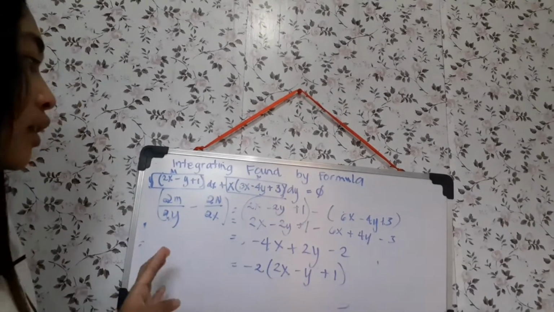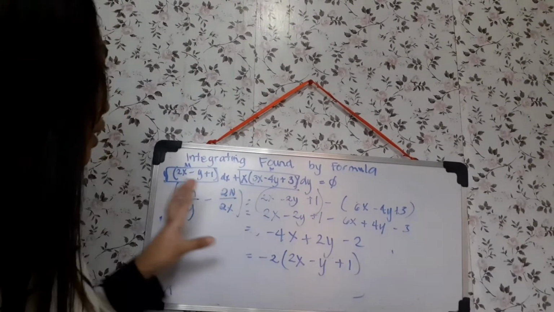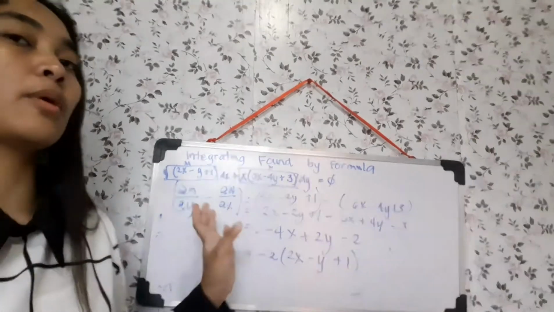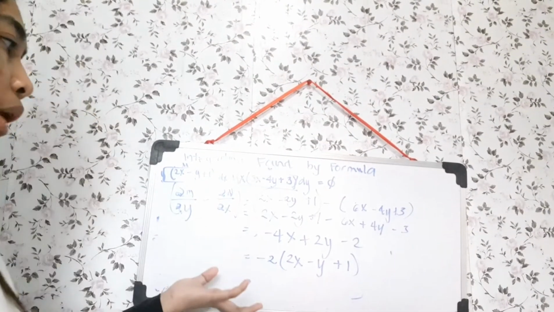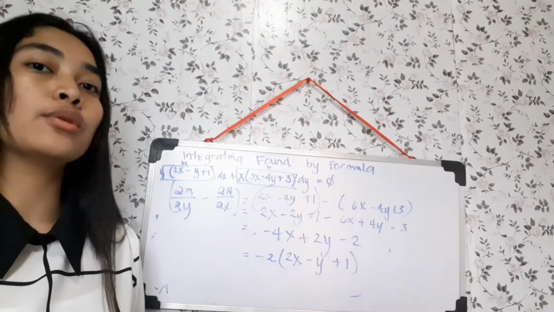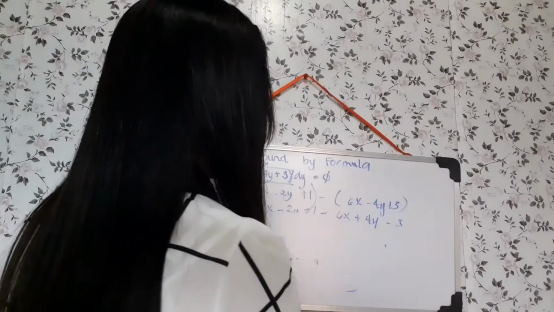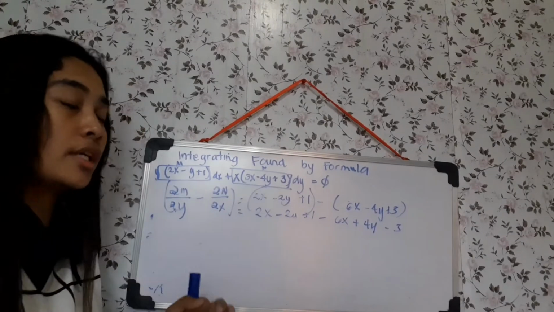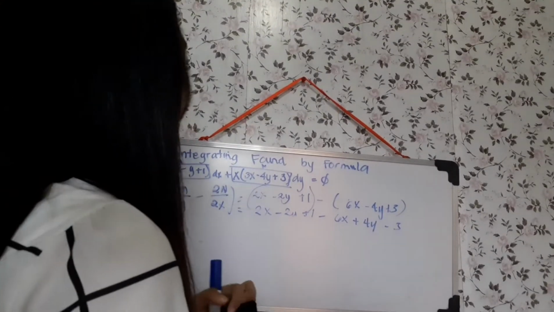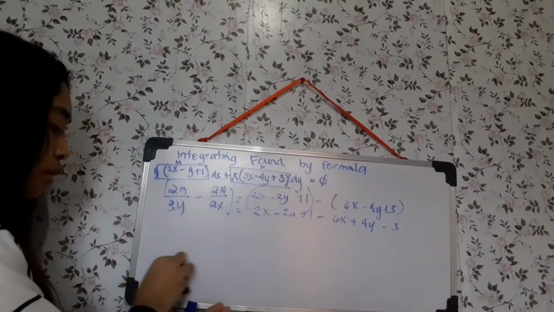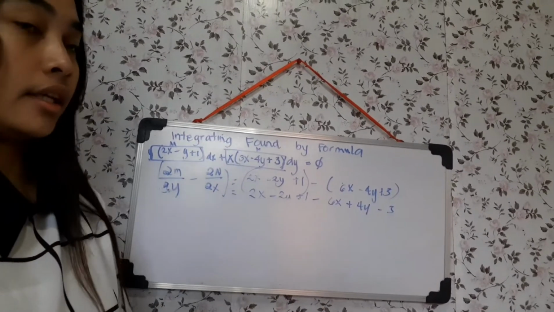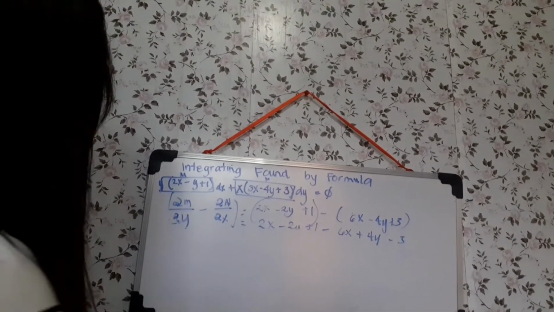But if the given partial derivative of M over partial derivative of y is a function of y alone, meaning that is the integrating factor. So now proceed for solving and to know what is the integrating factor that we can use.